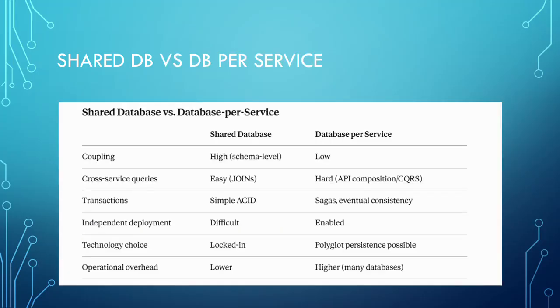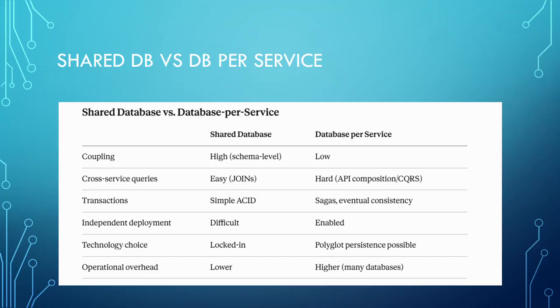And this is a high-level comparison of shared DB versus DB per service, the first two database patterns of microservices. In terms of coupling, shared database is high because all the services depend on it, so it is tight coupling, whereas database per service is low coupling, which is preferred.